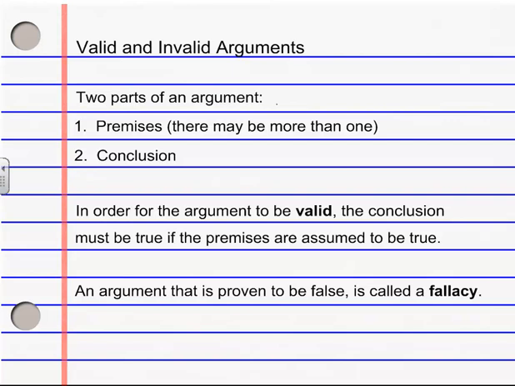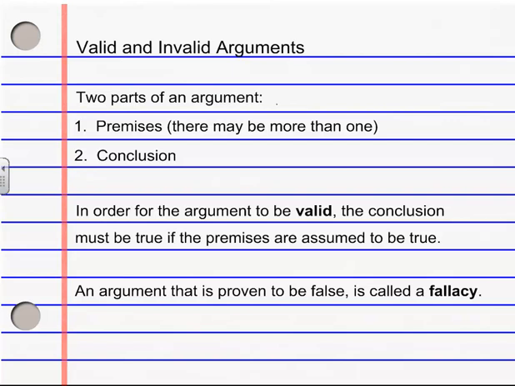Now, if they assume that the defense team has put forward the premises that are true, they're going to come back and say that the defendant's not guilty. But if they assume that the premises put forth by the prosecution team are true, then they're going to come back with a verdict of guilty. So based on what they know or assume to be true, they'll come up with a certain conclusion.